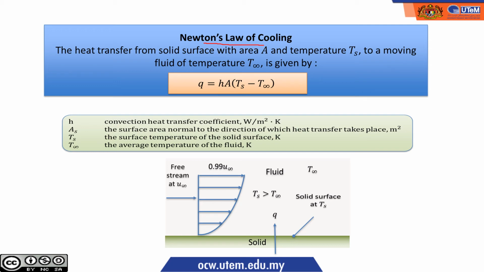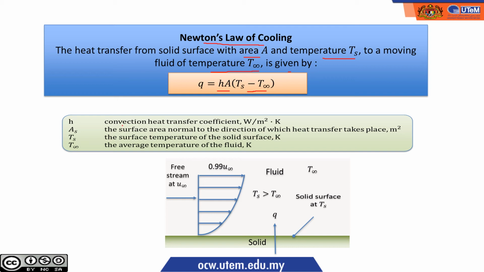Heat transfer from a solid surface with area A and surface temperature Ts to a moving fluid at temperature T infinity is given by Q equals h times A times the temperature difference.